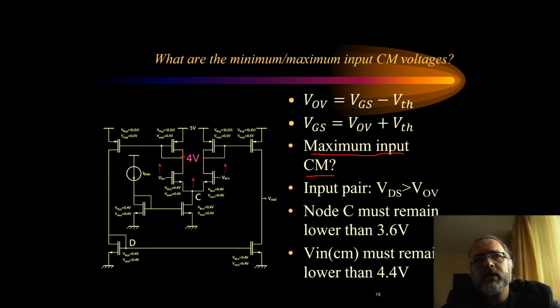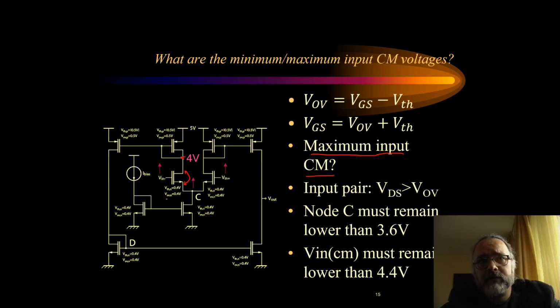Since we calculated that this is 4 volts, then as we start increasing the common mode voltage, this node C will increase. So this means that the drain source voltage of this transistor will decrease. This is at 4 volts and this is increasing. For this transistor to remain in saturation, we require that its drain source voltage is larger than its overdrive voltage.